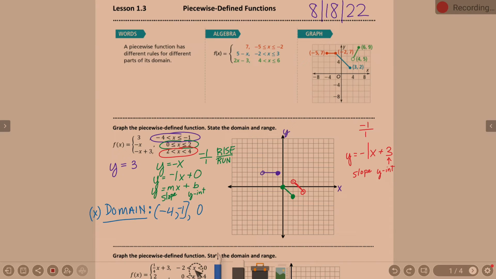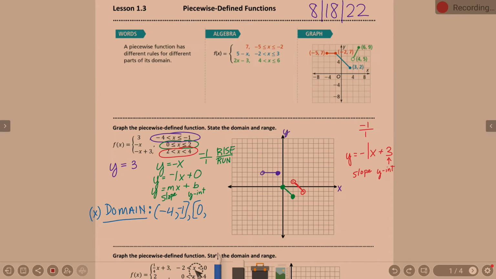It is equal to, it's a filled in dot. Now, my green graph goes to 2. But what do you notice about the red graph? It picks up at 2, doesn't it? So, and since 2 is filled in here, we can actually go ahead and put this all together and say 0 to 4.